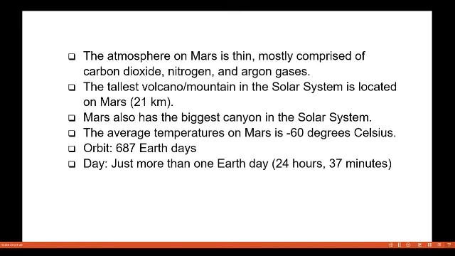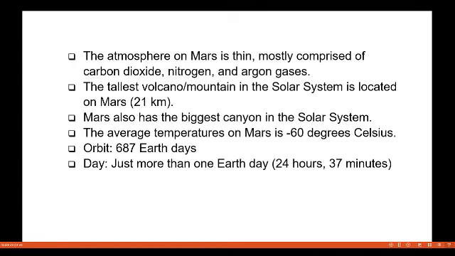The tallest volcanic mountain in the solar system is located on Mars, whose altitude is about 21 kilometers. Very unbelievable. Mars also has the biggest canyon in the solar system.